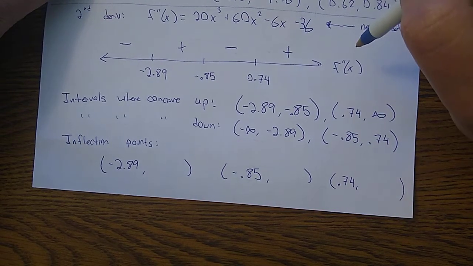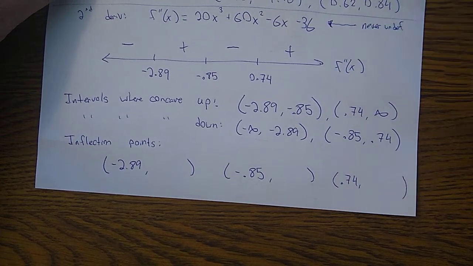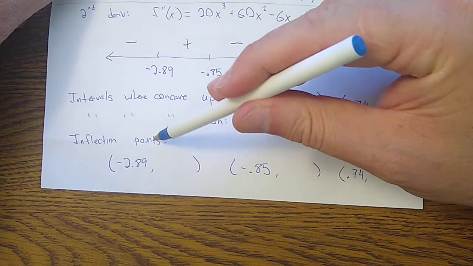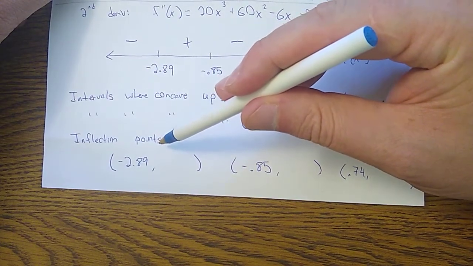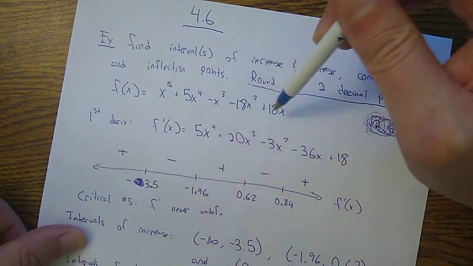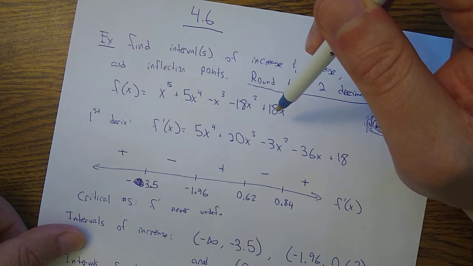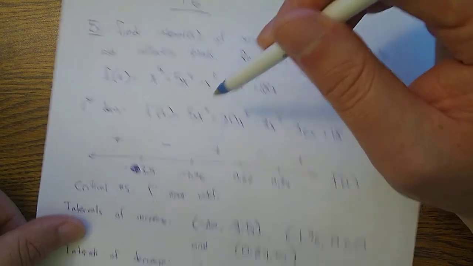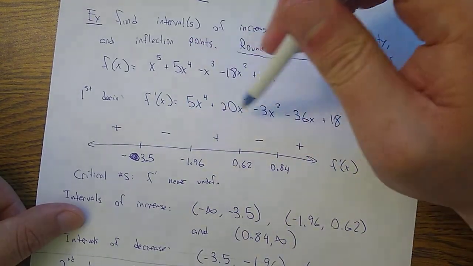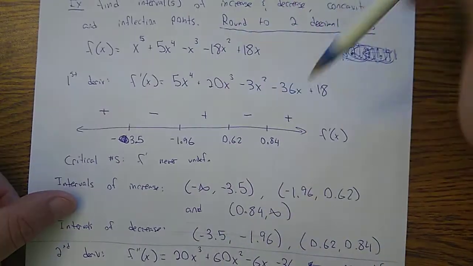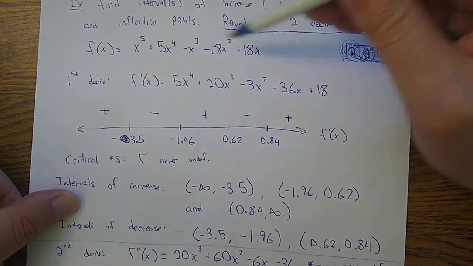Now, be careful here. You want to plug it in the right place. The inflection point is supposed to be a point on the graph, on the original graph of this function. So what I'm going to do is plug the values of x into this function. I'm not plugging these values of x into the first derivative or the second derivative or anything like that. The original function.